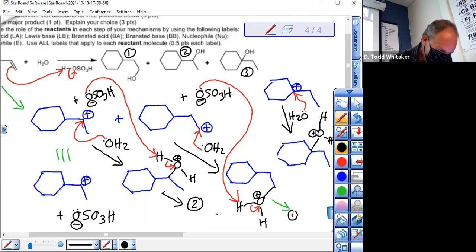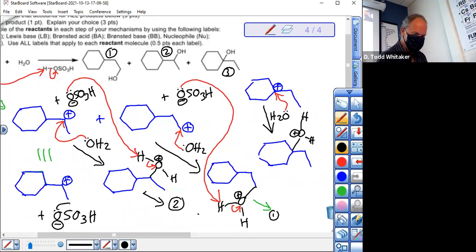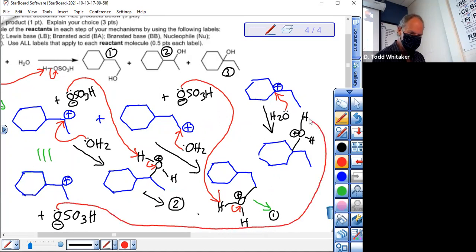Something's got to take its H. What's that something? Same thing every time. Look, this is going to be the world's biggest mechanism arrow. If you don't like this, you can redraw the sulfate ion closer to your molecule. No objections. And that gives product 3, doesn't it?